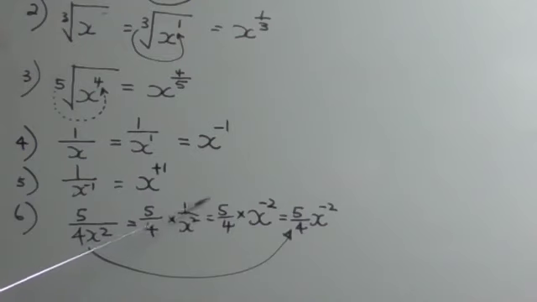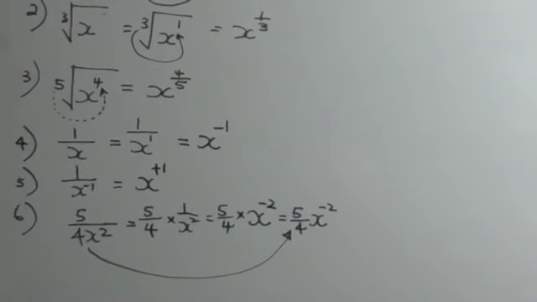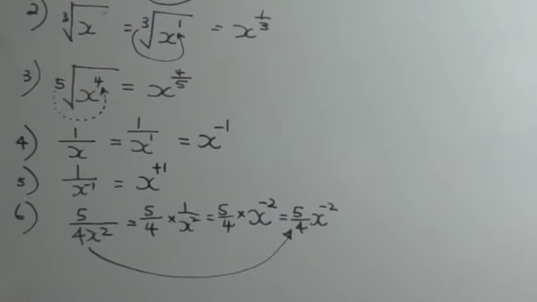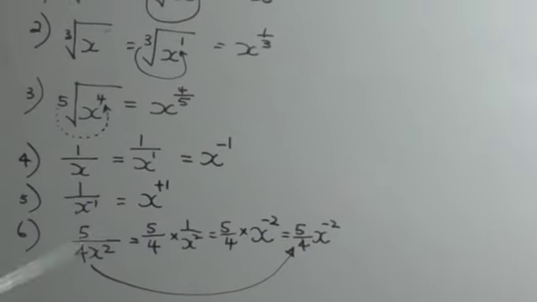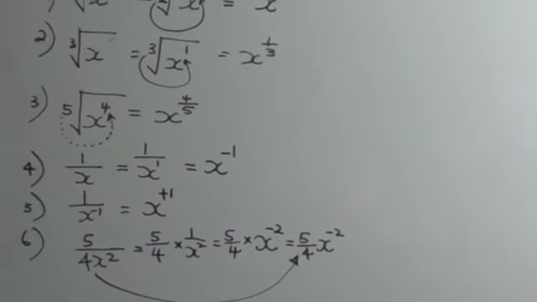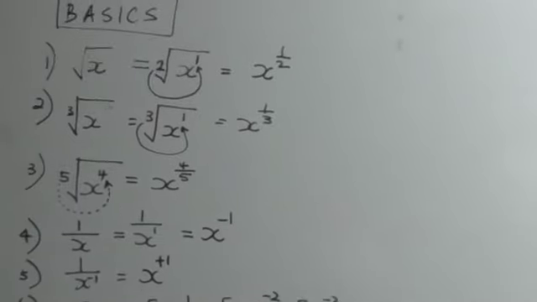Then we repeat 5 over 4 there, and then we are now taking this and making it positive. So you write down x there, and that too becomes negative. That's from the laws of exponents that you have learnt before. So you've got to know these basics. If you don't know these basics, you're going to be in trouble.